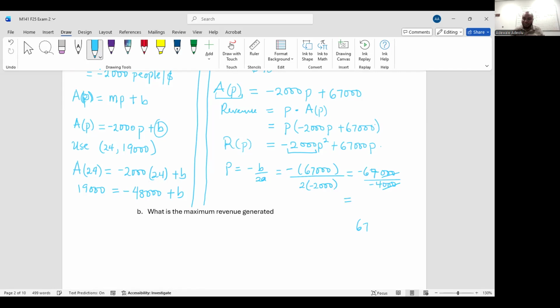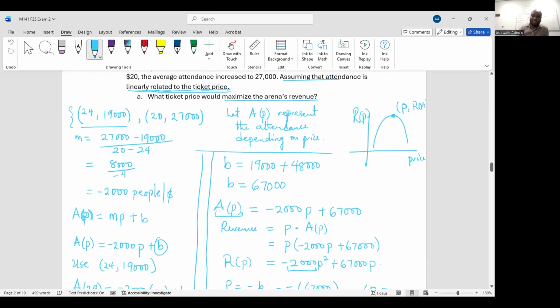So I have 67 over 4, which is 4 in 6, 1, remaining 2. 4 in 27, I have 6, that is 24, remaining 3. 4 in 30, 4 in 3 is not possible, so I put a point. So in 30, 7, remaining 2, so 5. So my answer is $16.75. So that is the price that maximizes the revenue.